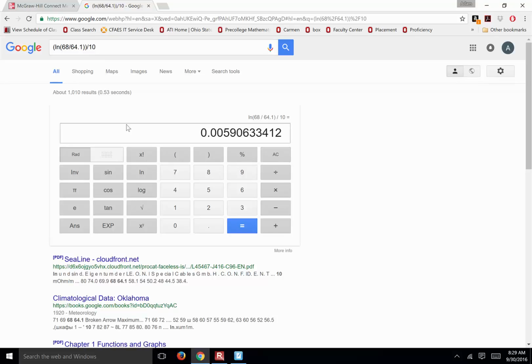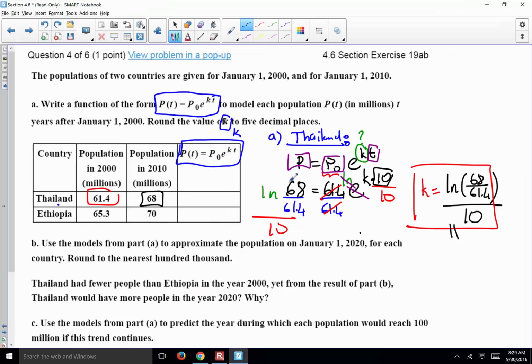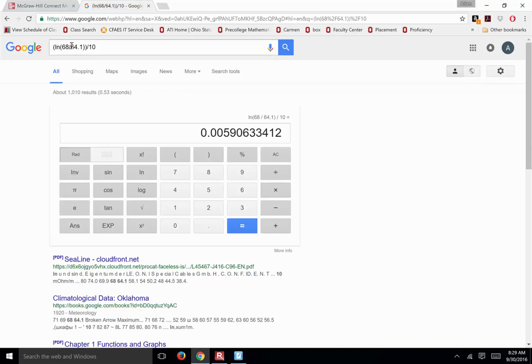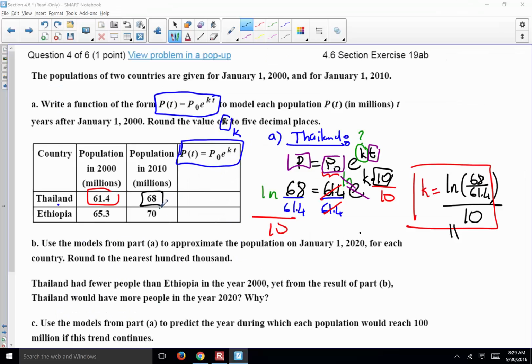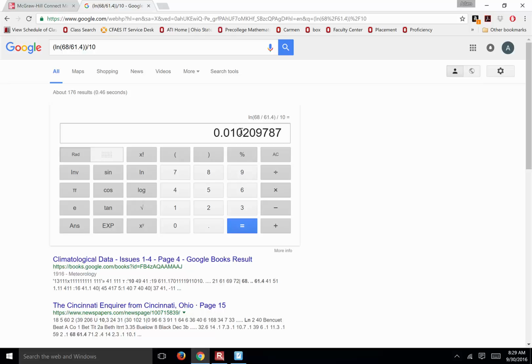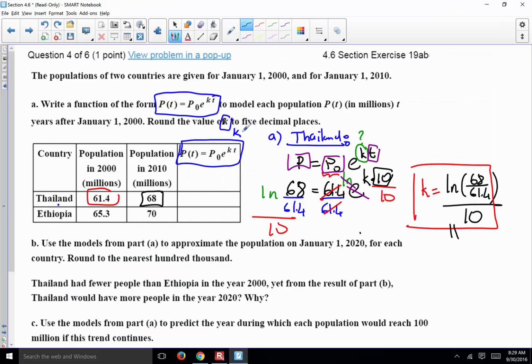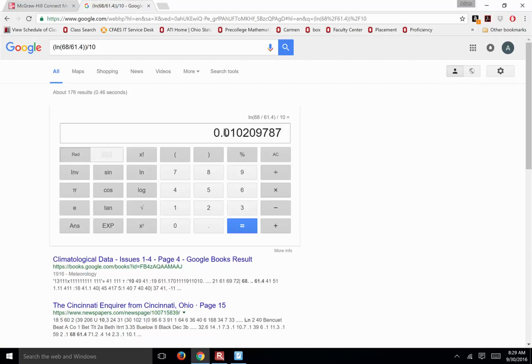Is that right? No, it's 61.4. Point 0.0102, up to how many decimals? 5 decimal places. 0.01021. I round this up.